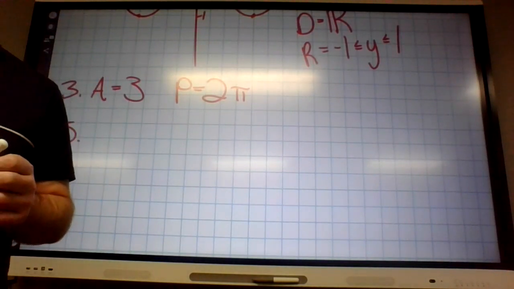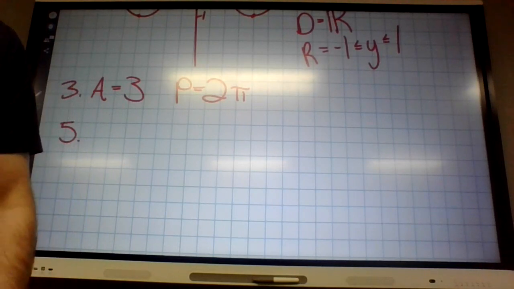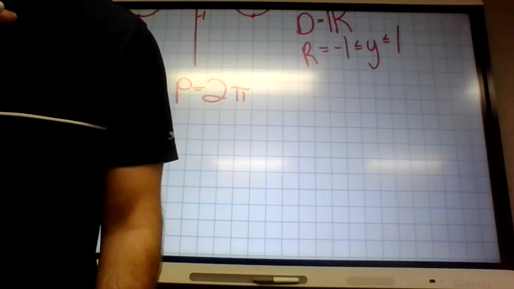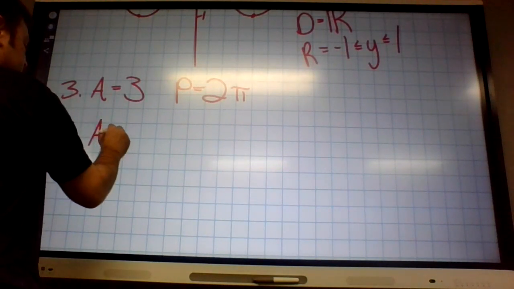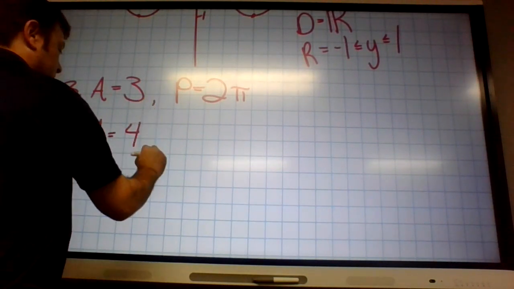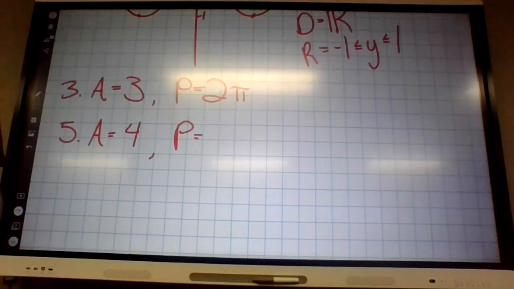Number 5 and 6 are going to be weird to find. Number 5, what is the amplitude? How high is it going up from the middle? Looks like a 4, doesn't it? So the amplitude equals 4. And the period, how far before it starts repeating itself?